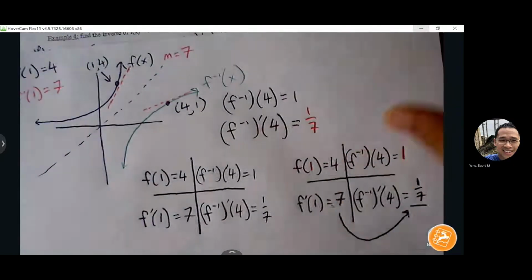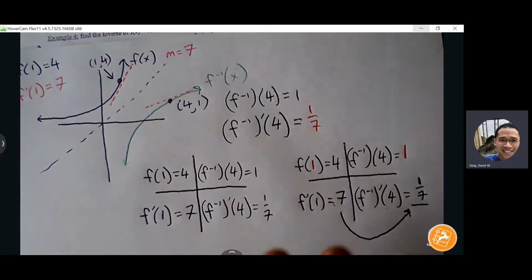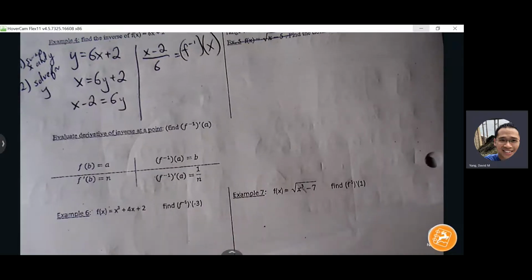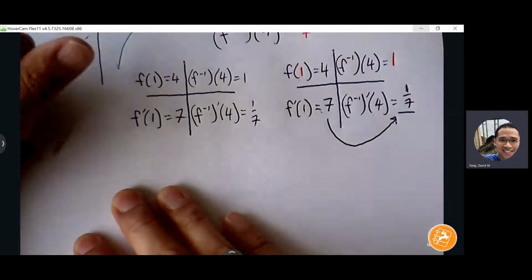So using this table here and this diagram and this concept, we're going to attempt example 6. Let me walk you through example 6 here.